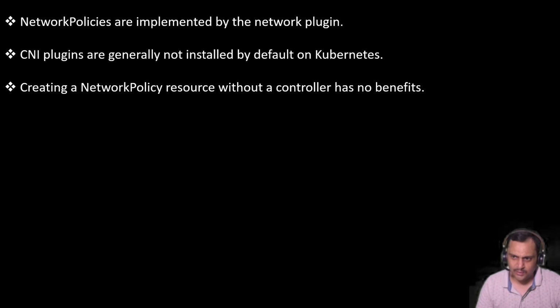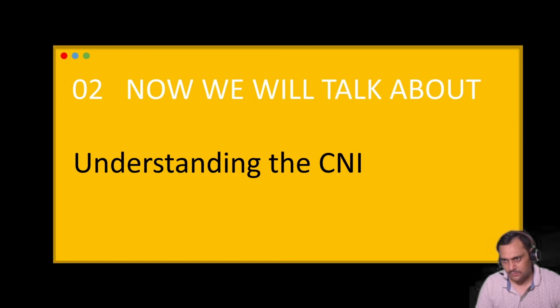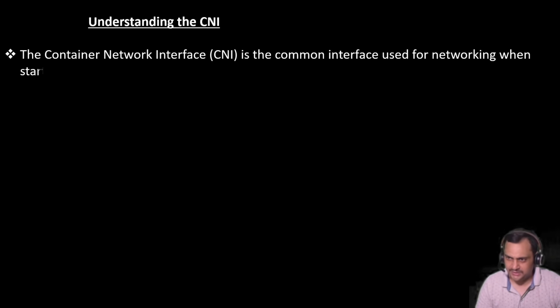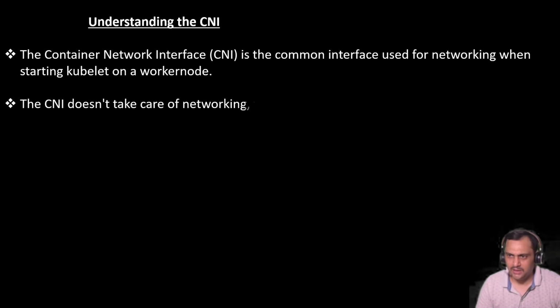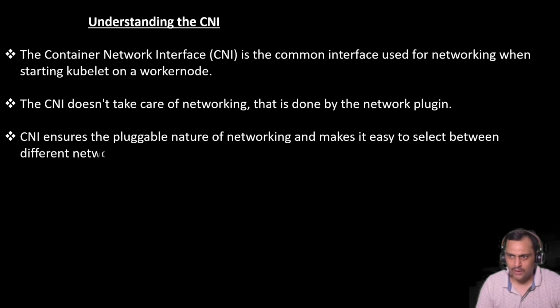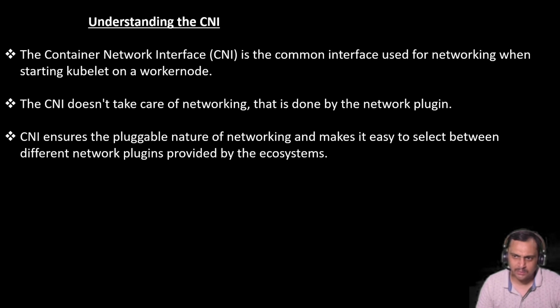Let's understand what CNI is. The Container Network Interface, CNI, is a common interface used for networking when starting kubelet on a worker node. CNI doesn't take care of networking. That is done by the network plugin. CNI ensures the pluggable nature of networking and makes it easy to select between different network plugins provided by the ecosystem.